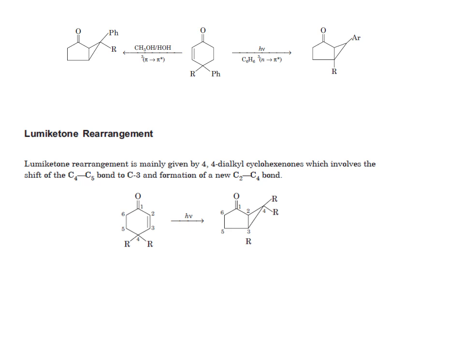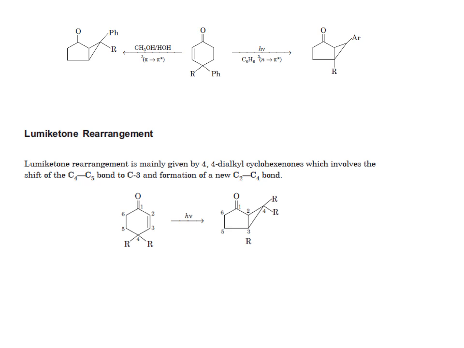So in this case, the carbon atom of the cyclohexene ring migrates, and the migration of the aryl group at position 4 leads to the formation of a bicyclo[3.1.0]hexan-2-one, that is the lumiketone. Similarly, migration of a carbon atom of the ring, that is the migration of the C5 ring carbon atom, leads to a skeletal change, and this skeletal change also gives the bicyclo[3.1.0]hexan-2-one derivative.